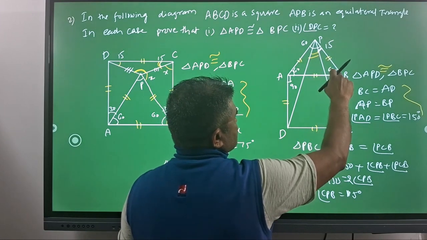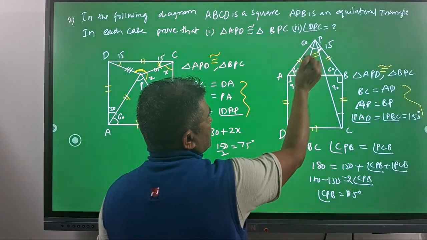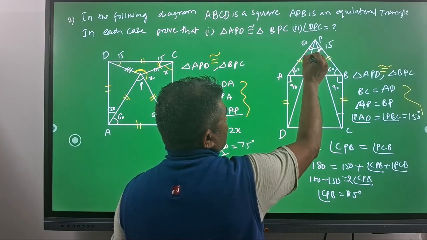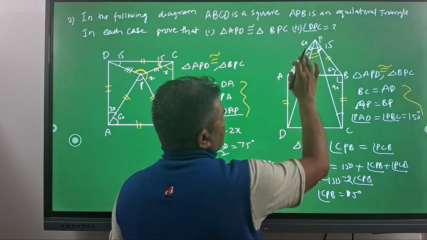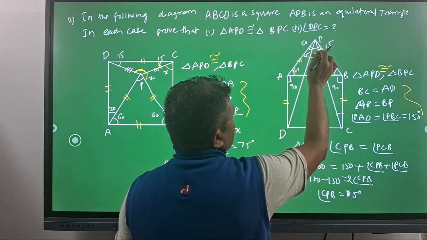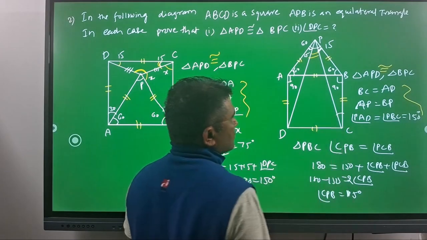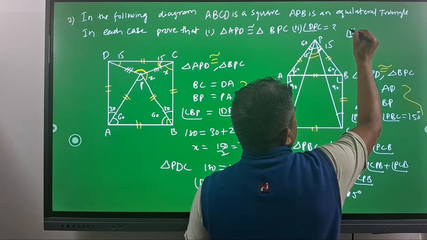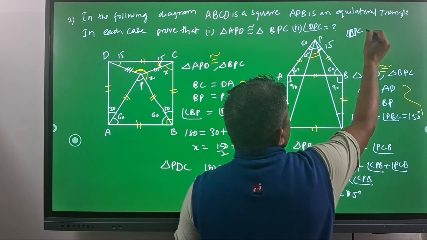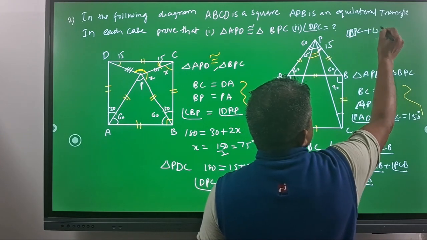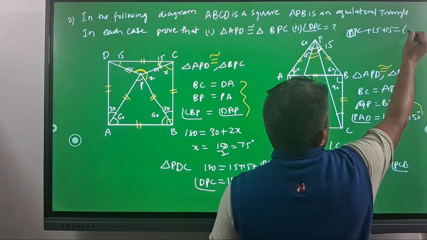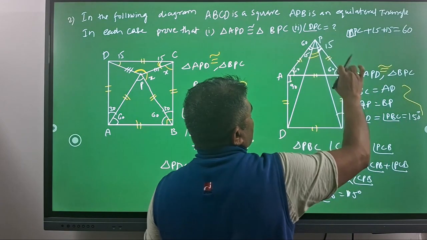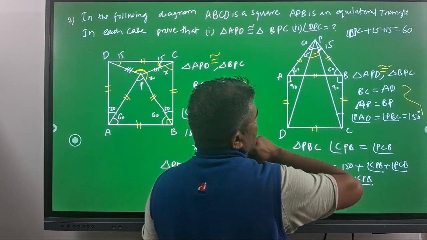Since this triangle is congruent to this one, the respective angle will also be 15. Now we need to find DPC. Angle DPC plus this 15 degrees plus another 15 degrees will constitute 60 degrees, because at the corner of the equilateral triangle we have a 60 degree angle.